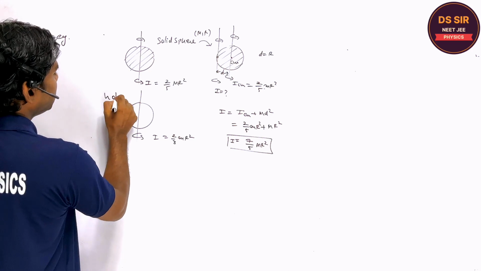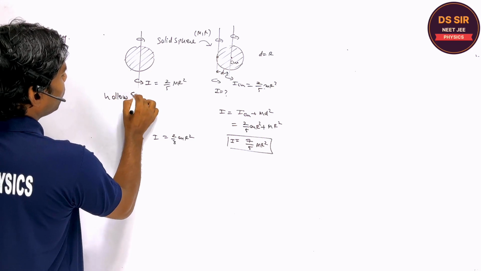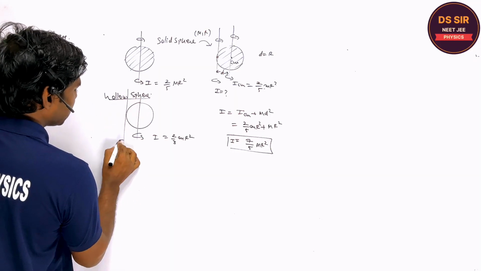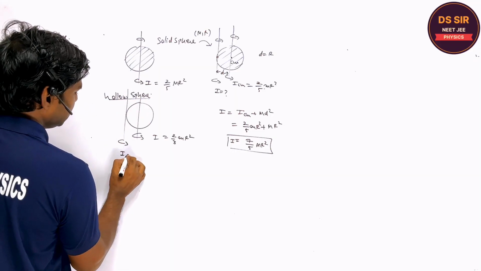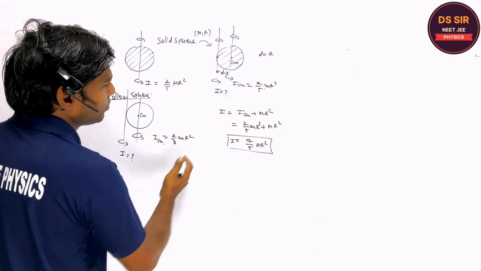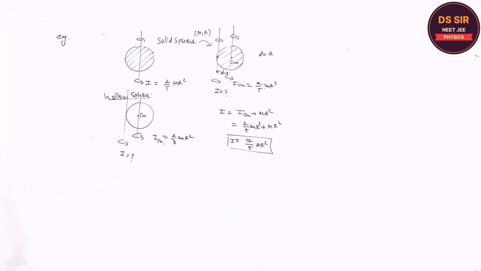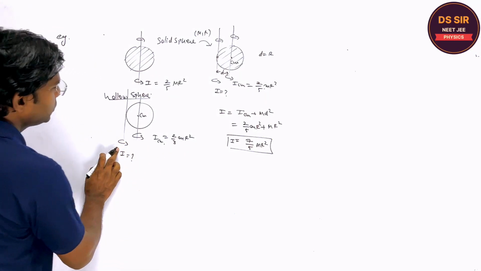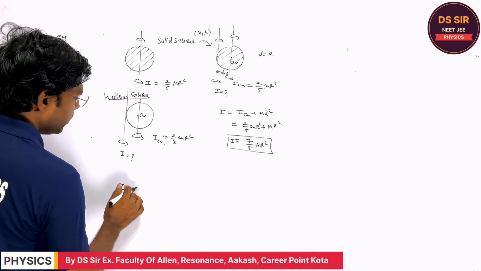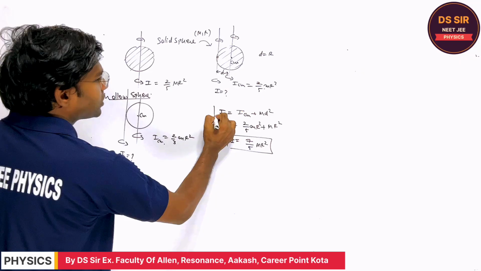If you consider this is the hollow sphere, find the moment of inertia about an axis passing through its tangent like this. This is the center of mass moment of inertia. Copy this. What is the moment of inertia of this hollow sphere using the parallel axis theorem?